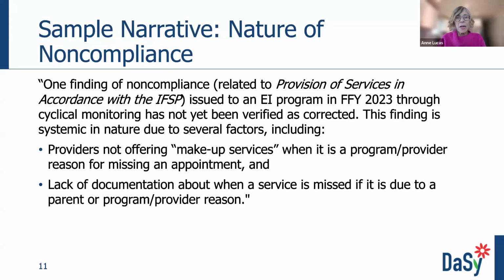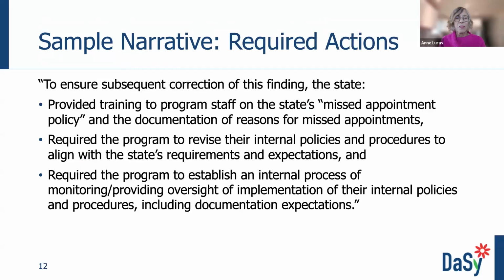It's systemic in nature due to several factors. Providers are not offering makeup services when a program or provider reason for a missed appointment occurs, or they're not having good documentation when a service is missed, if it's due to a parent or program or provider reason. So it's unknown what the cause of the delay is. So that's part of it. And let's go on to the next slide and we'll look at the rest of this.